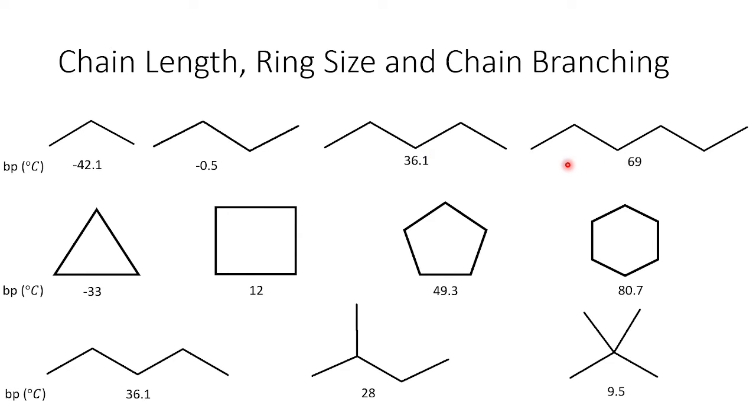And for hexane, ito na yung pinaka, nag-a-appear as in liquid form due to its boiling point. So as you can see here, increasing yung temperature or yung boiling point habang lumalaki or humahaba yung ating molecule.